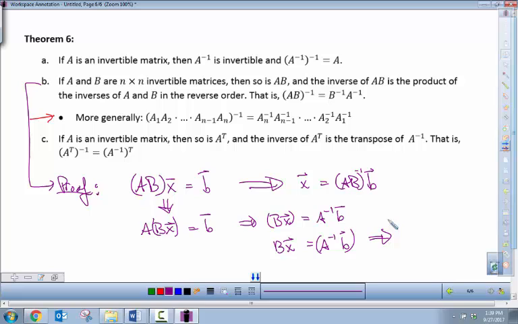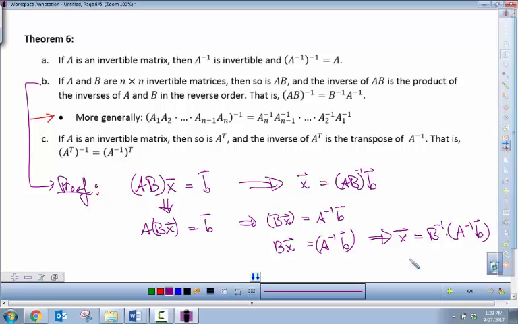and then apply that inverse again to say B, to get x by itself, we would move the B over with the inverse on the other side.